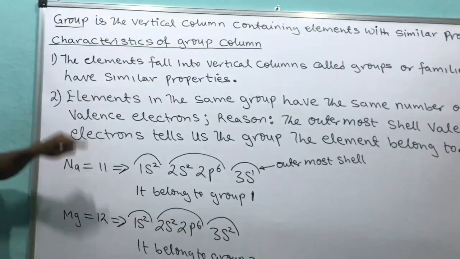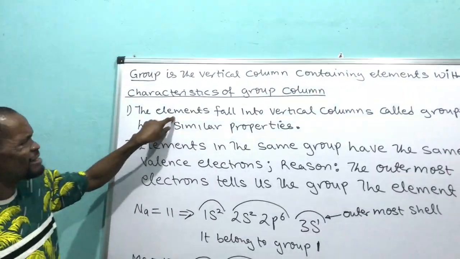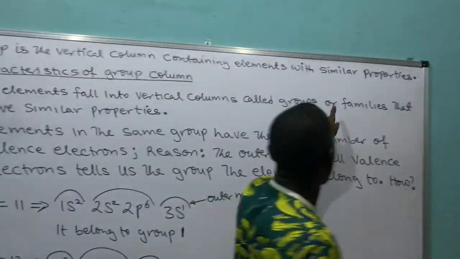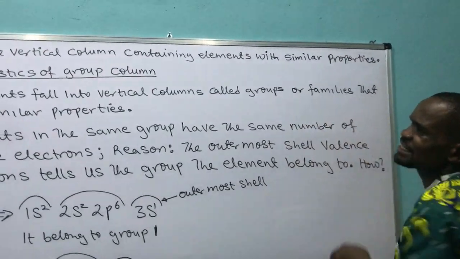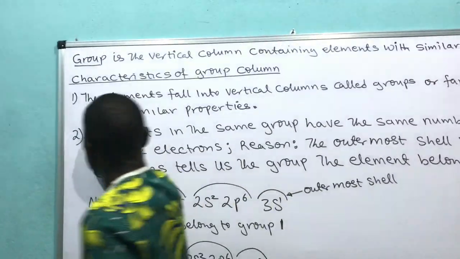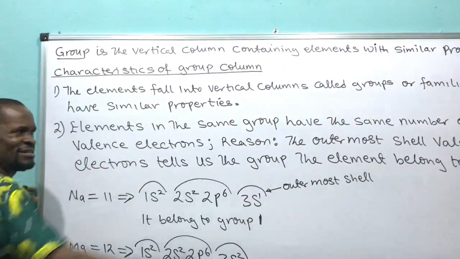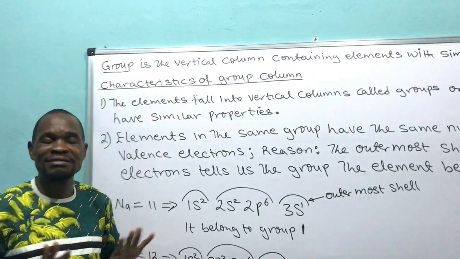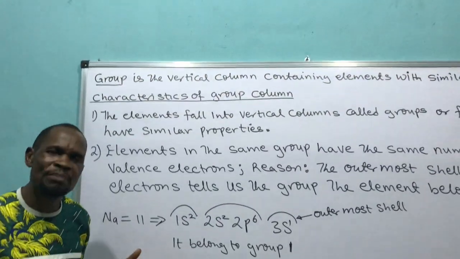Characteristics of group: number one, the elements fall into vertical columns called groups or families that have similar properties. That means elements in the same group have similar properties. They have the same properties.